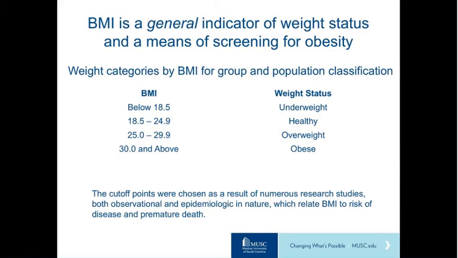Now, these are not arbitrary cut points. They're chosen based on the relationship of BMI to a number of diseases, risks of disease, and risk of premature death.